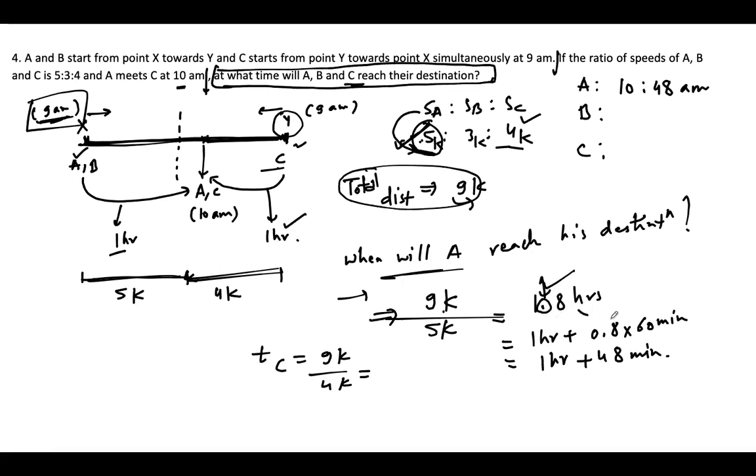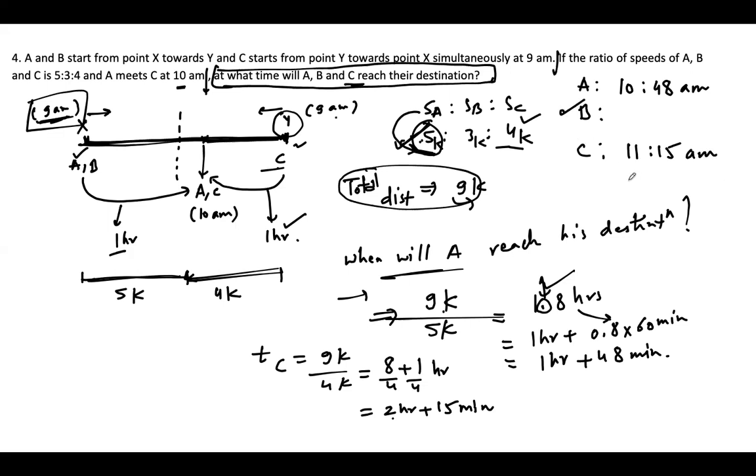Let's say 9 by 4. Can I write this as 8 plus 1 by 4, which is nothing but 2 hours plus 1 by 4 hours? How will you convert 1 by 4 hour into minutes? 1 by 4 into 60, which is 15 minutes. So with respect to 9 a.m., C will reach his or her destination in 2 hours 15 minutes. So 2 hours would be 11 a.m., and 15 minutes would be 11:15 a.m.